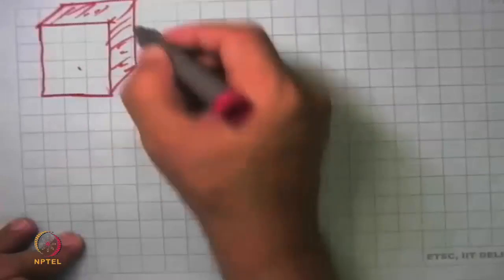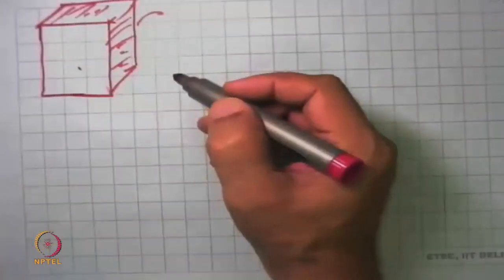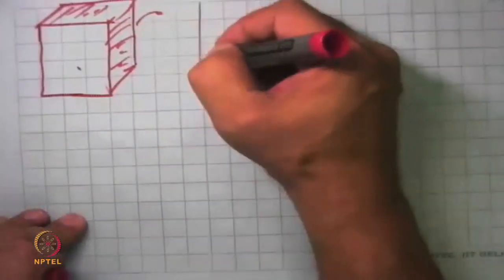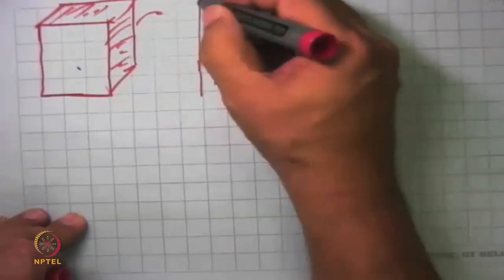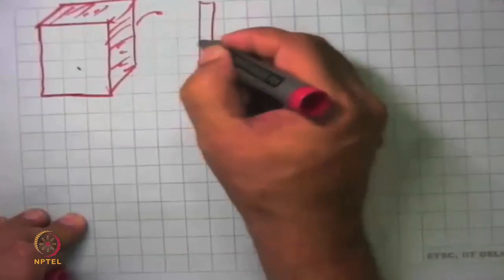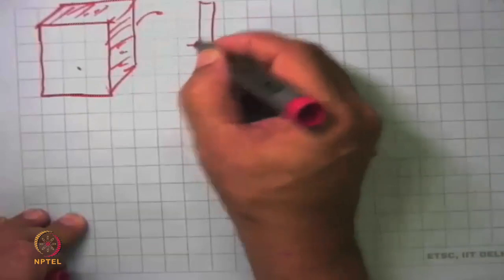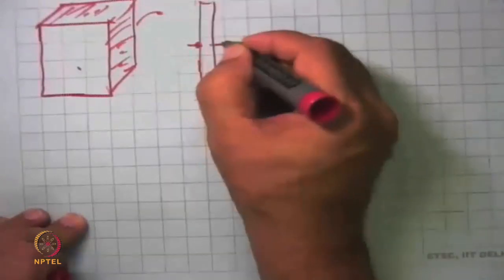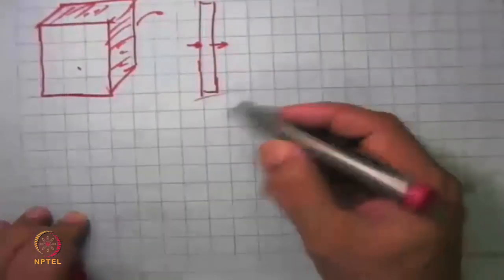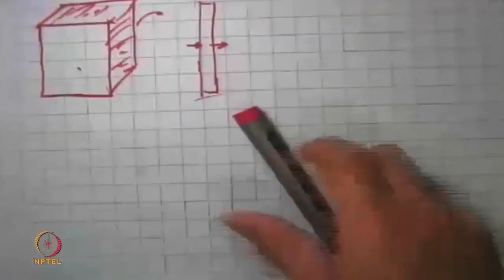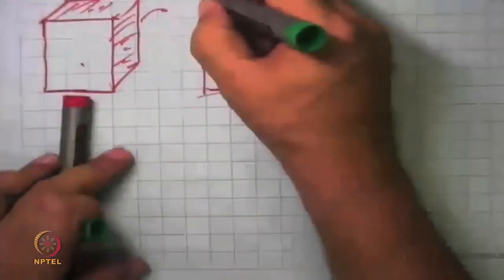This surface is heated, the backside is cooled. So we are establishing a system like this, where on this side there is heat transfer to the system, and there is heat transfer out of the system, and the system boundary includes all the metal that is here.